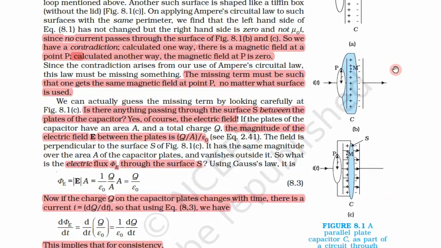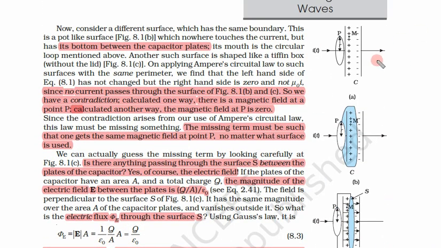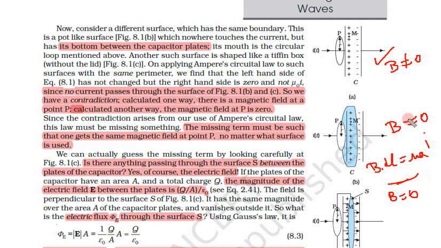In the first case we are getting a non-zero magnetic field, but in the second or third case we were getting the magnetic field equal to 0, because we were using Ampere's circuital law, B dot dl is equal to mu naught I. But there was a problem, that's why we are getting this term equal to 0.